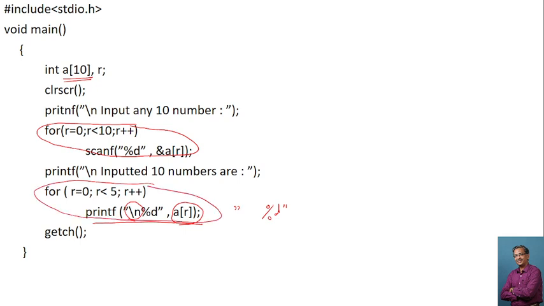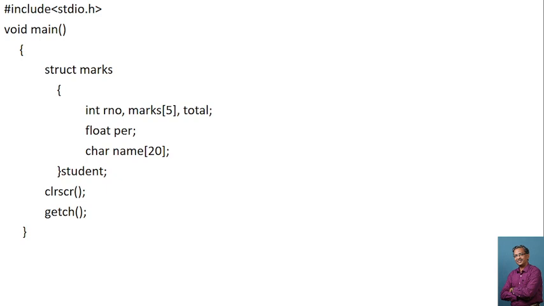Now if we want to use this same concept within a structure, like in the previous example we have done student roll number, total marks, percentage, and then name. Instead of getting the total marks directly, now we are reading marks of 5 subjects.